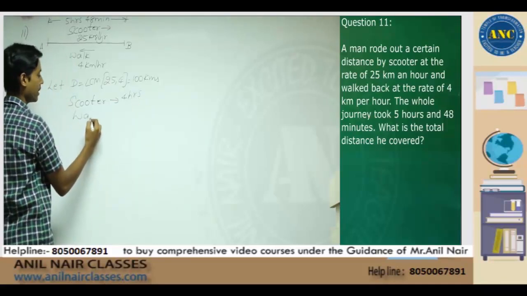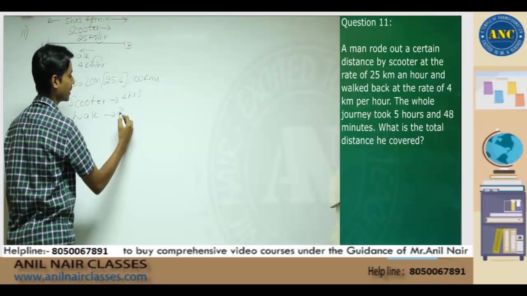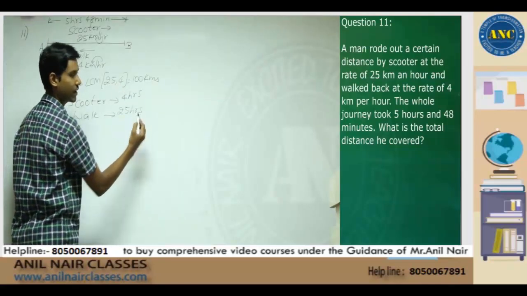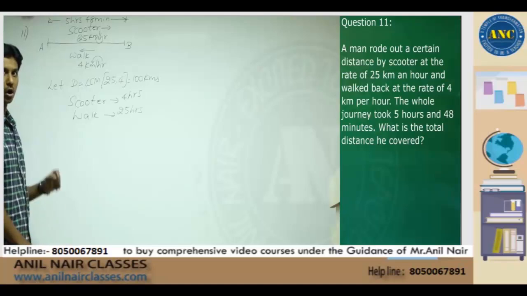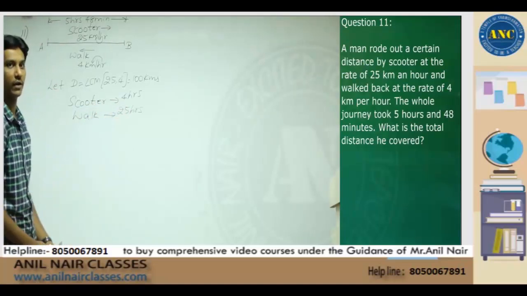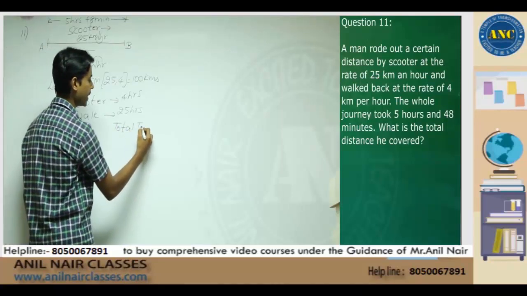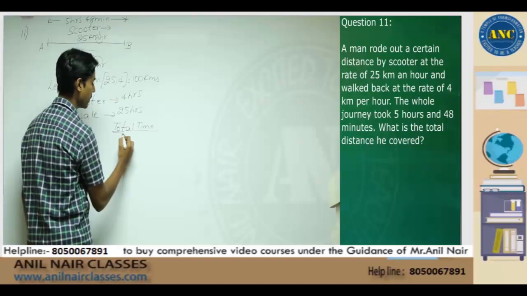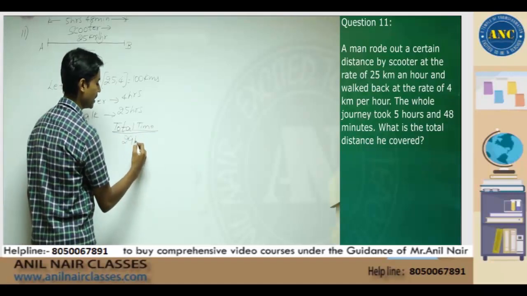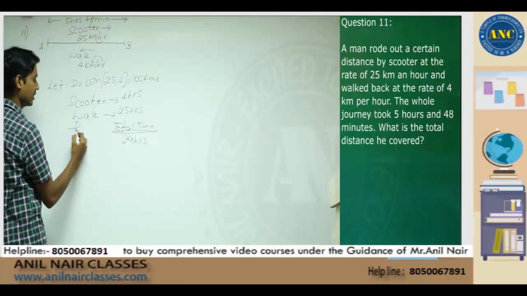By walk, in 1 hour he will cover 4 kilometers, so to cover 100 kilometers he will take 25 hours. Total time taken for the entire journey according to my data is 4 hours plus 25 hours, which is 29 hours.